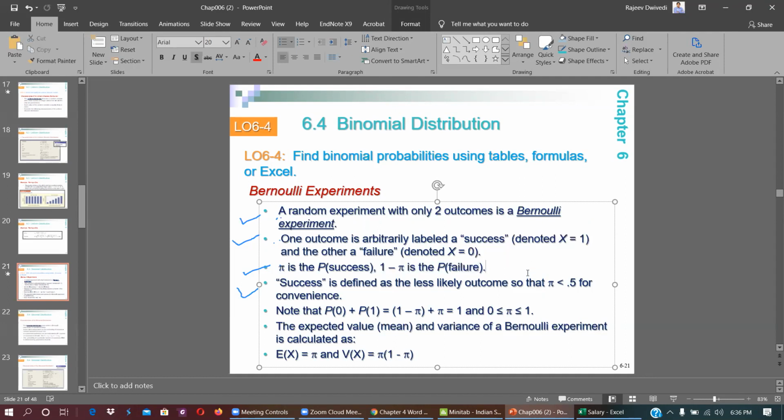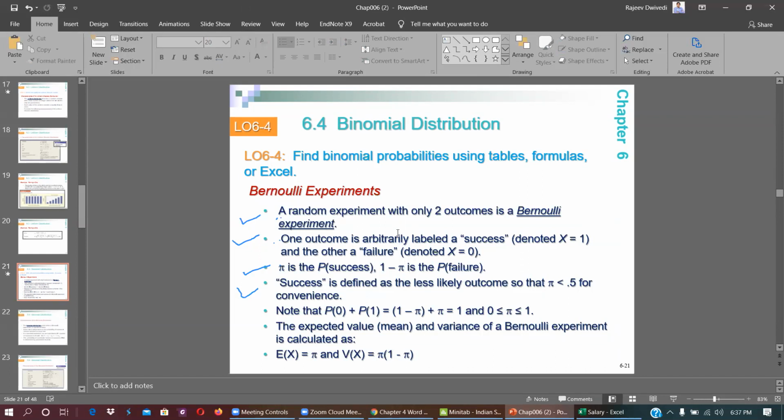Let's say there is a 40% chance that tomorrow I will go for a walk, and a 60% chance that I will not go for a walk. So this is the binomial distribution.